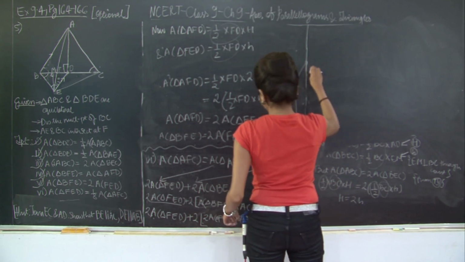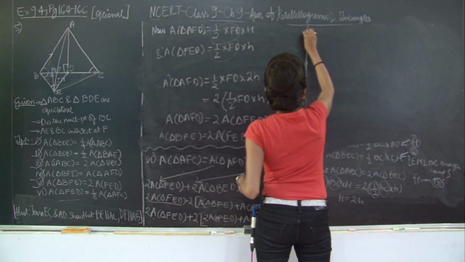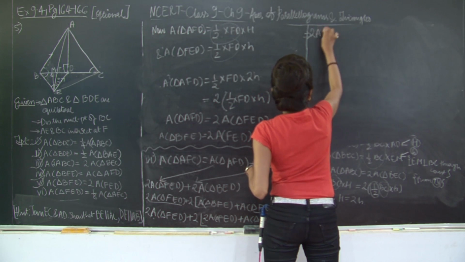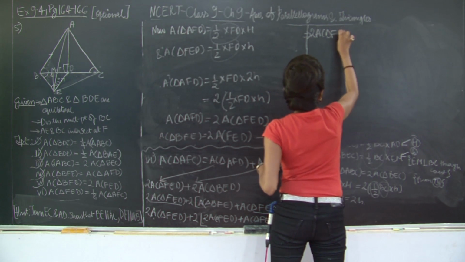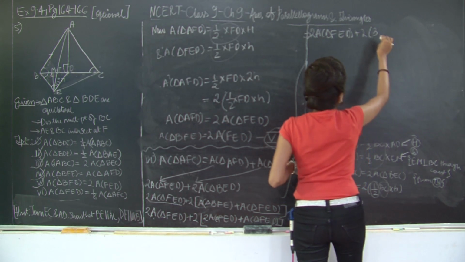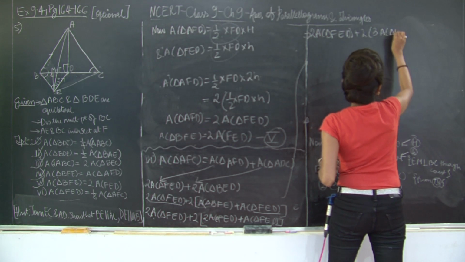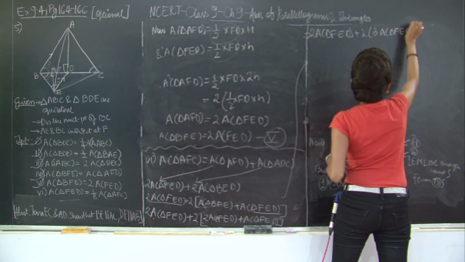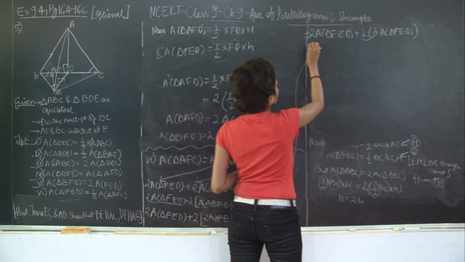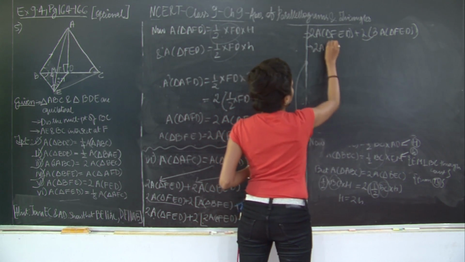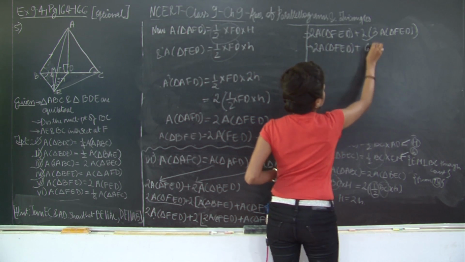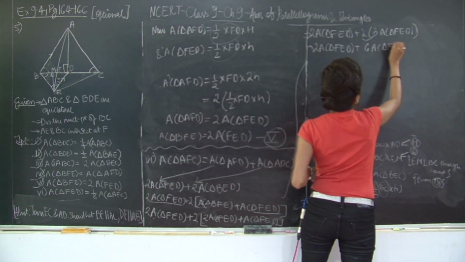So, this way I get twice area of triangle FED plus 2 into 3 times area of triangle FED. Now, I am going to multiply these two, 2 into 3. So, I get twice area of triangle FED plus 6 times area of triangle FED.